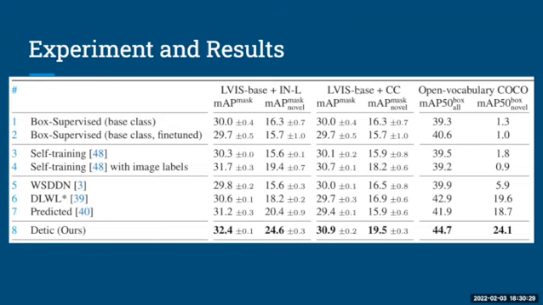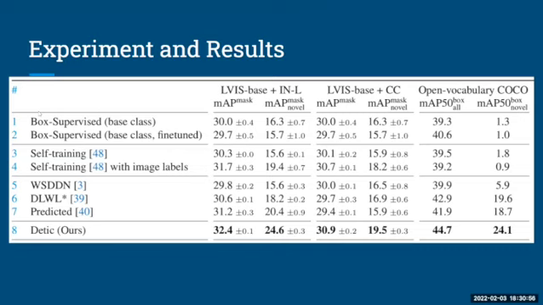Open Vocabulary COCO is a much smaller data set with about 48 base classes and 17 rare classes. But the difference between COCO and ImageNet is that COCO images are designed to contain multiple objects per image, whereas ImageNet images mostly contain 1 object per image.